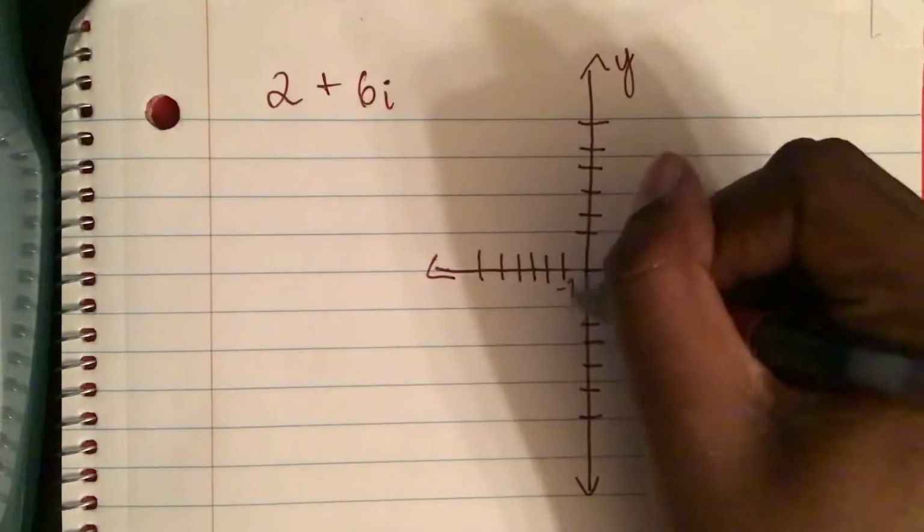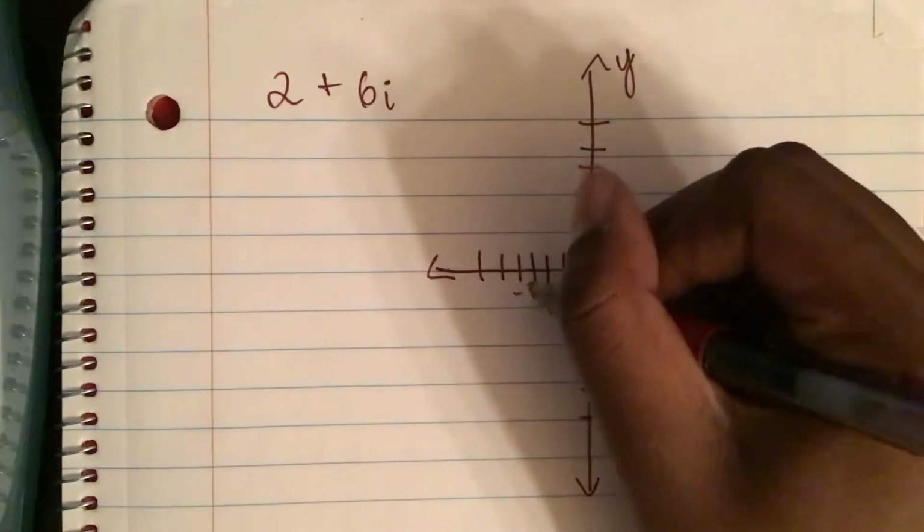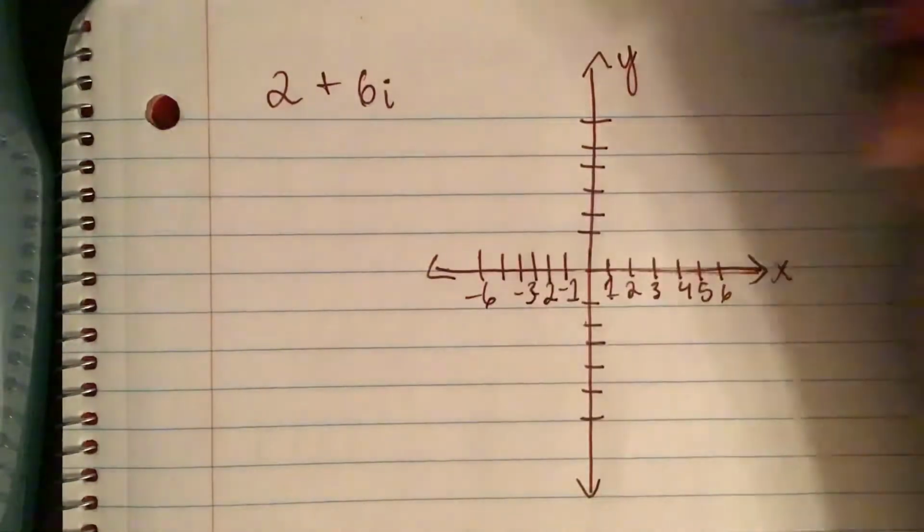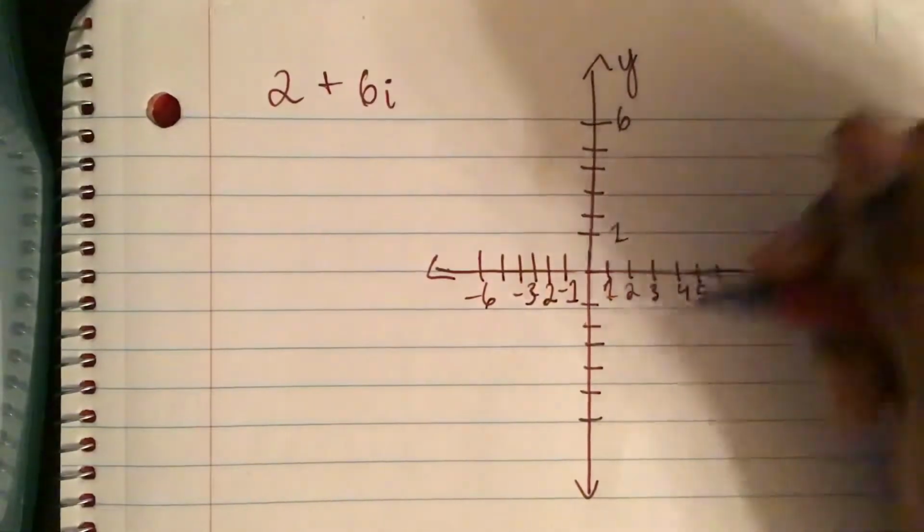This is -1, -2, -3. You get the drill. That's 6, 1.